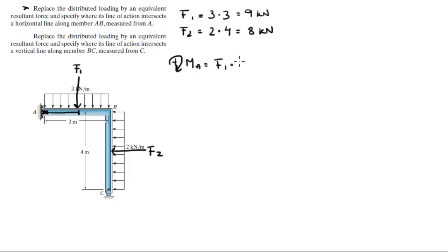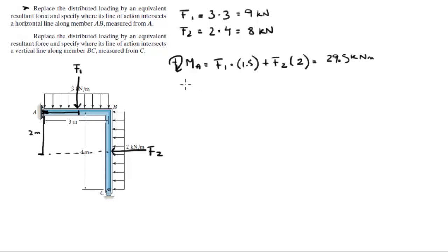The rectangle is 3 meters, therefore half is 1.5. And F2 also creates a clockwise moment, so it's positive, times this arm right here. This arm has a length of 2 meters because it's half of 4. So this comes out to be 29.5 kilonewton meters.